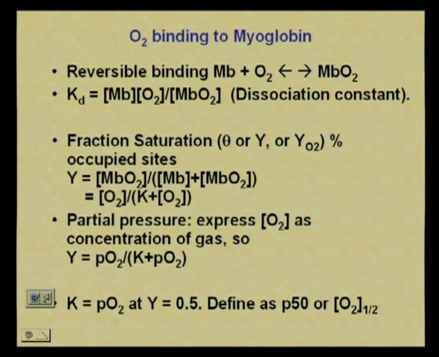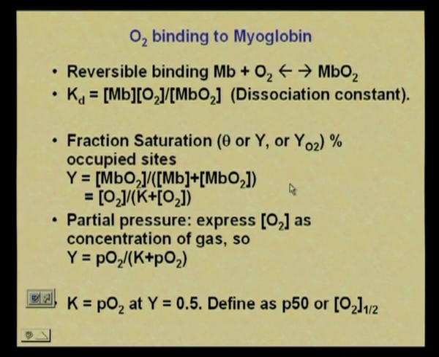So, now we know what the partial pressure of oxygen is. If we have this equal to K, then obviously we have 50% saturation. So, the 50% saturation, that is P50, is defined when we have Y equal to 0.5, and that is possible when K is equal to PO2 in the expression here.